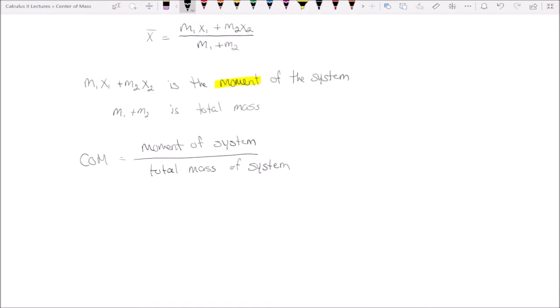Mathematically, we get x bar is equal to the summation from i equals 1 to n of m sub i times x sub i, all over the summation from i equals 1 to n of m sub i.